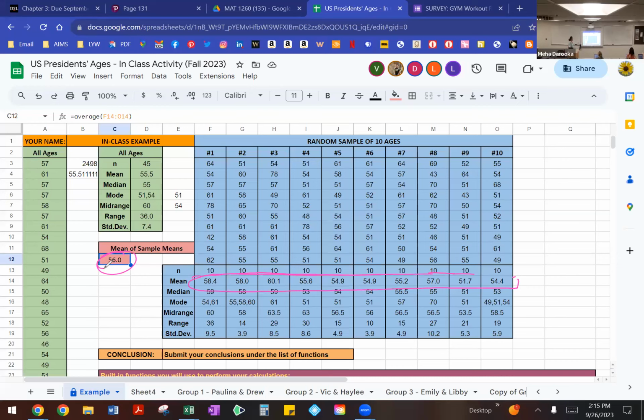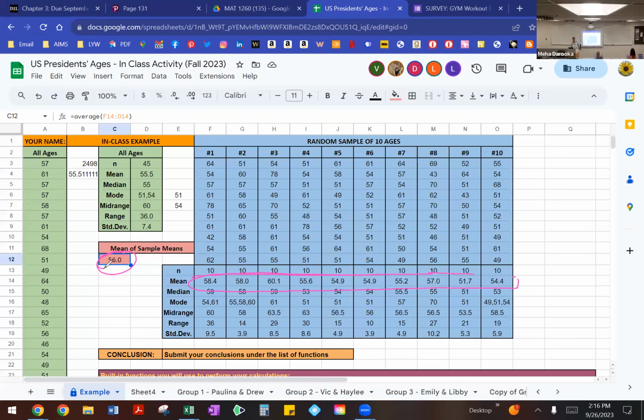Now, the idea here is, guys, if you did your random sampling randomly, right? There was no personal influence, like you had asked me what happens if there are repetitions in the numbers, should we avoid those or not? So if you did this randomly, that mean of sample means should be very close to the mean that we did for all ages.